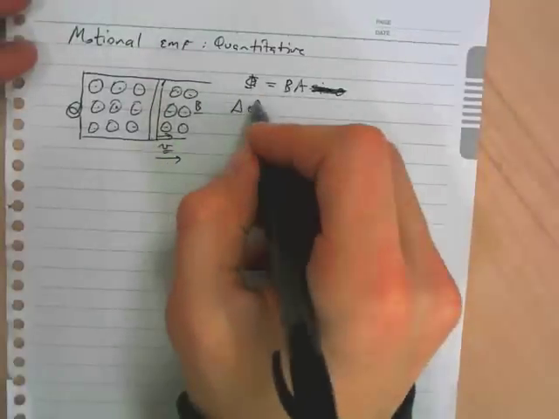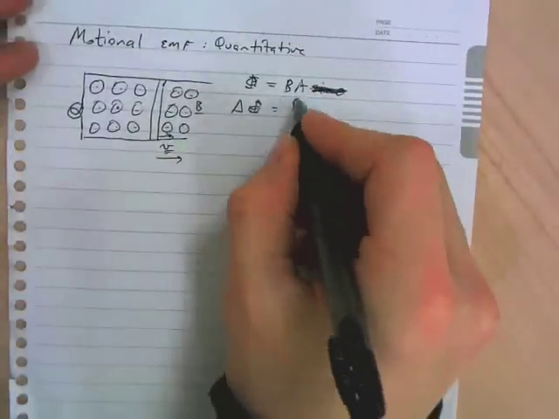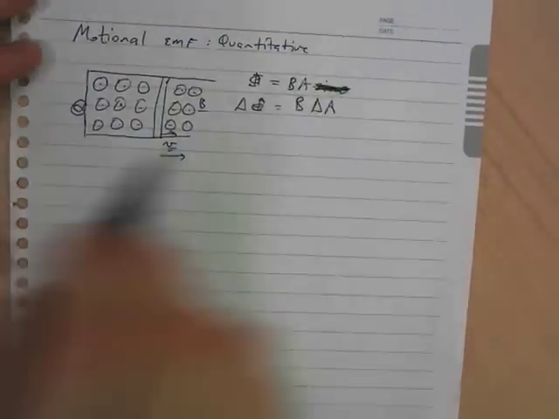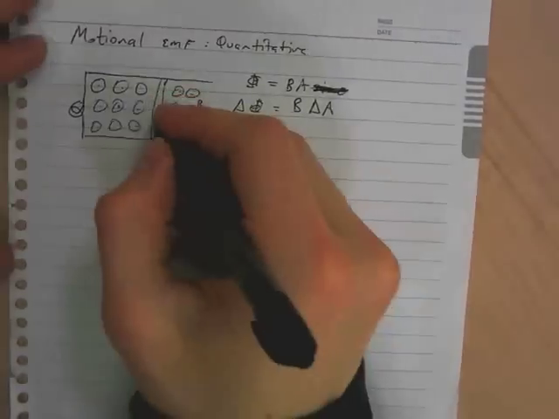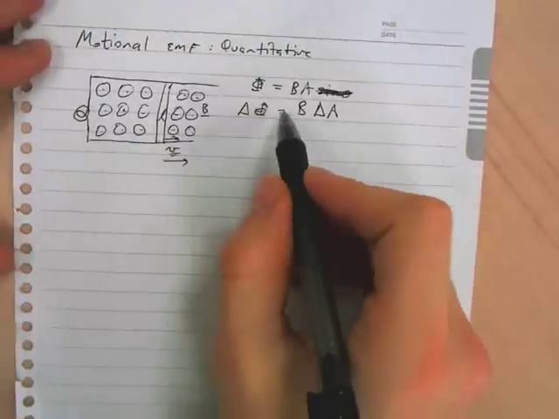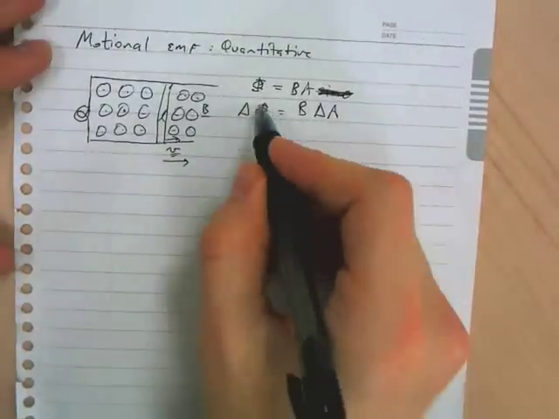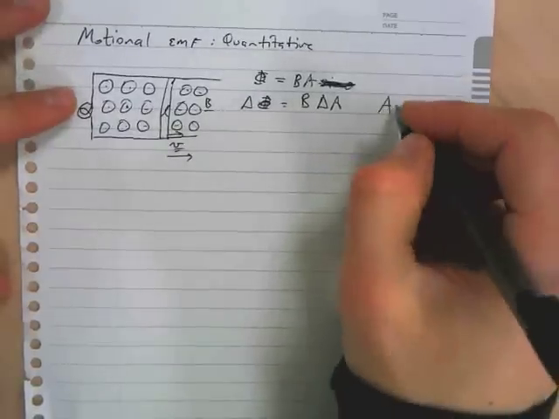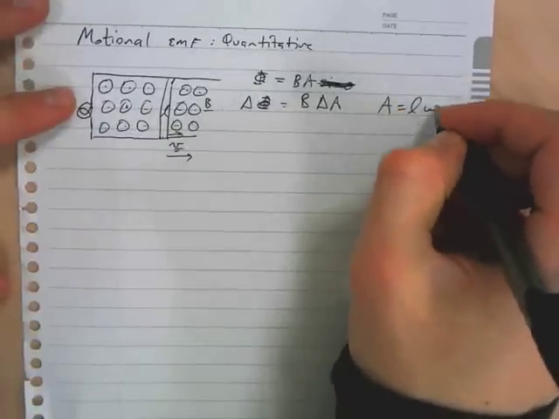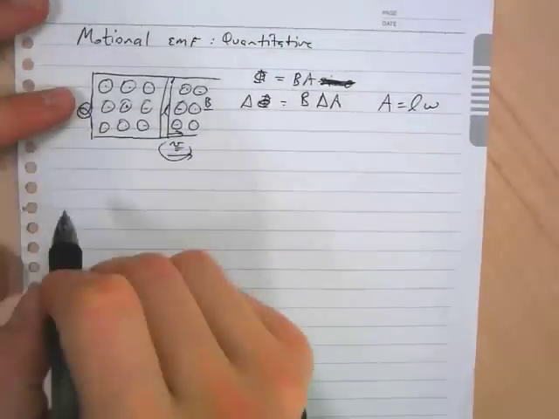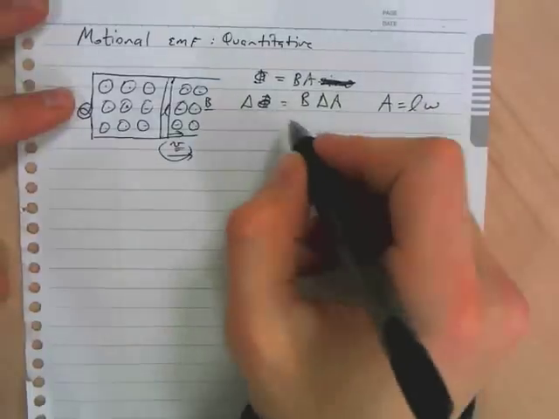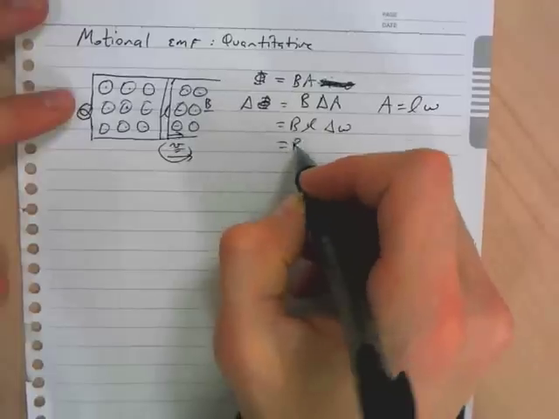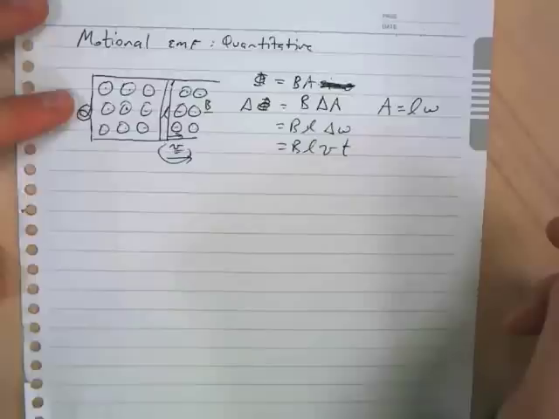So a change in flux, in this case, we have a constant B field, so it's B times a change in area. Well, this area, if we call the length of this rod script L, because we're going to use capital L later, and we're going to use I for current, is just a length times a width. But that width is changing, so our delta A is BL delta width, and it's changing at a rate of vt.